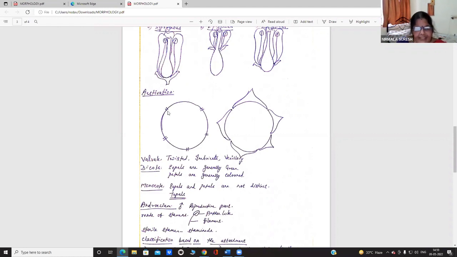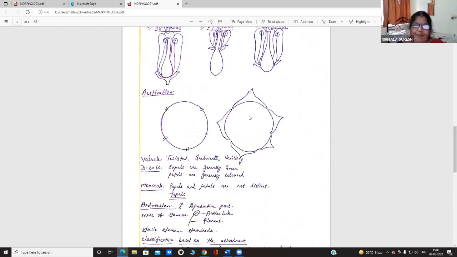For a pentamerous flower, how to show them the diagram: first you draw a circle, then mark the places using chalk. Let them mark it using a pencil. Then erase, then let them draw. So this shows valvate. As Amuda ma'am said, if they bring hibiscus, children will see valvate estivation in the calyx, twisted estivation in the corolla.